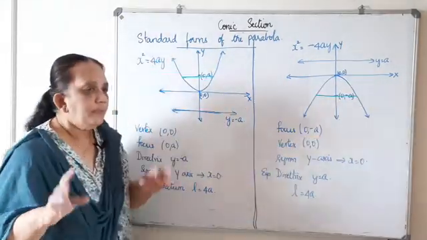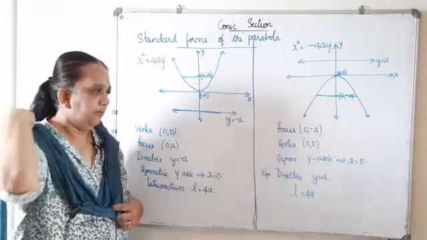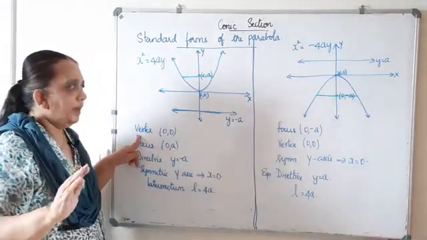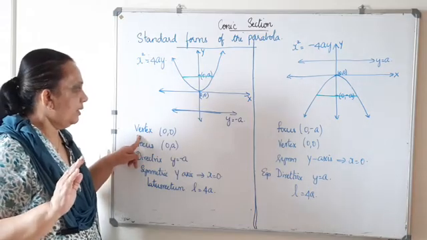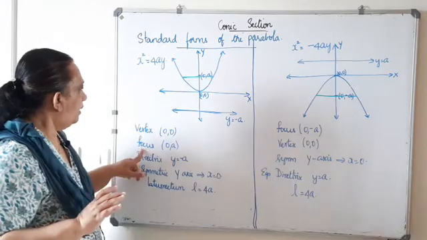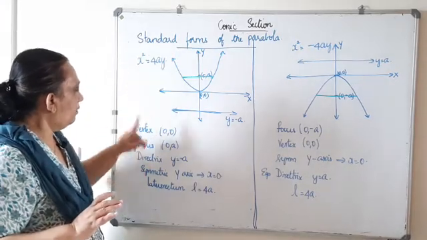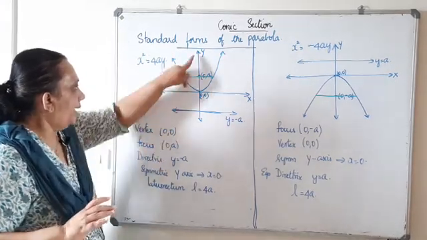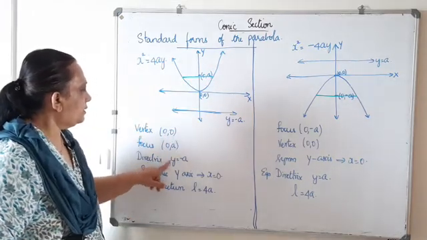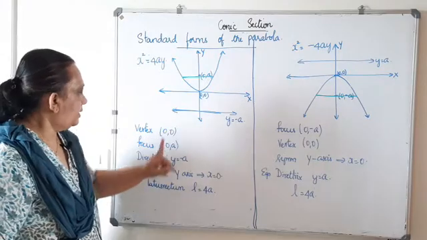In all the standard parabolas, the vertex is at the origin, 0, 0. The focus changes. In this case, x squared is equal to 4ay, the focus is 0, comma a, and lies on the y-axis. The equation of the directrix is y is equal to minus a.